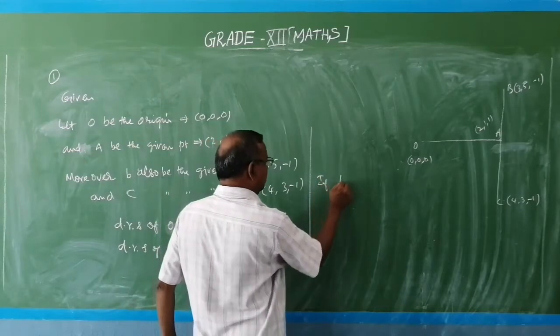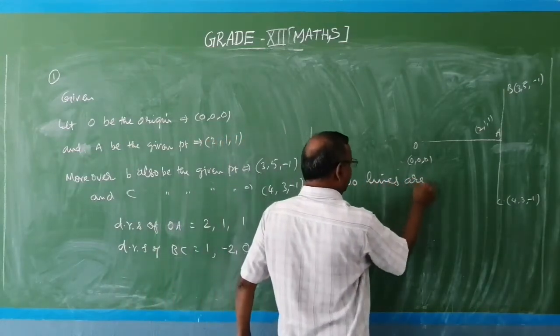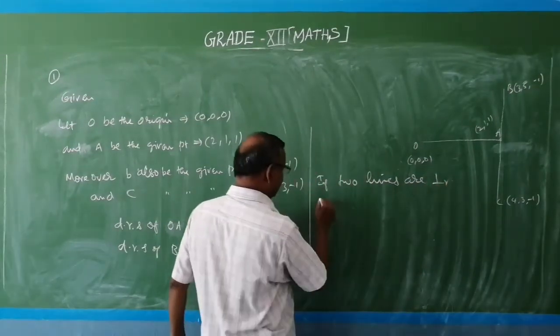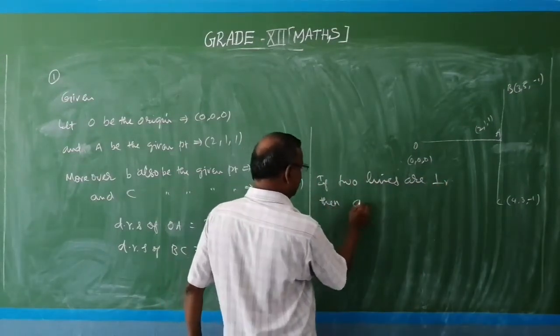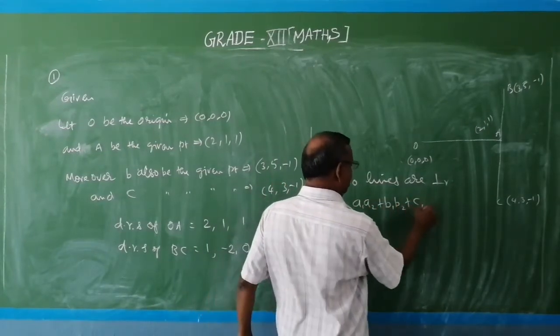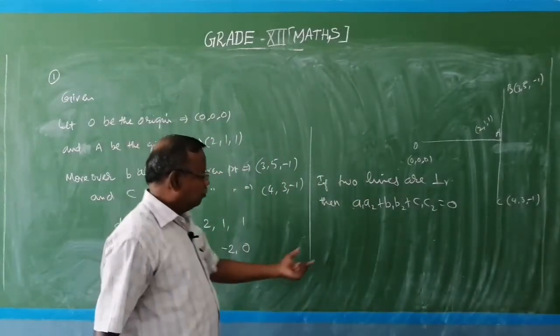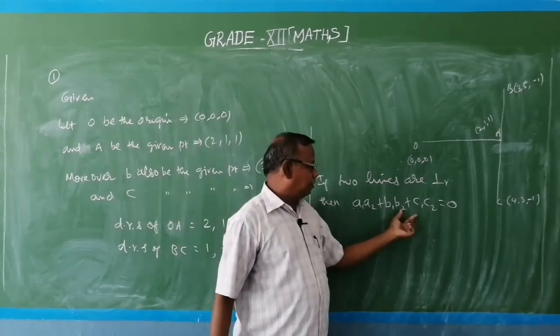If two lines are perpendicular to each other, then a1a2 + b1b2 + c1c2 = 0, that is the sum of the products of their direction ratios equals 0.